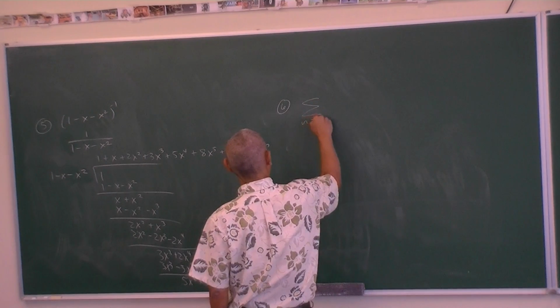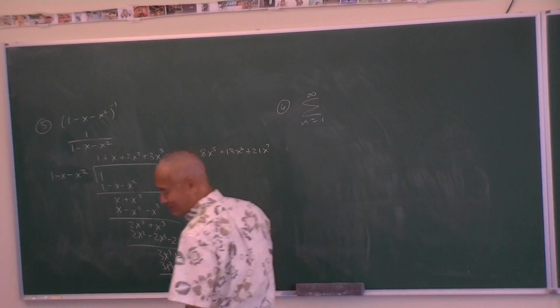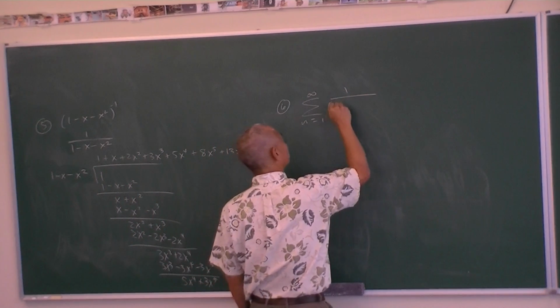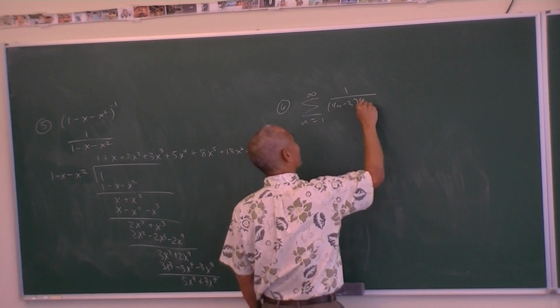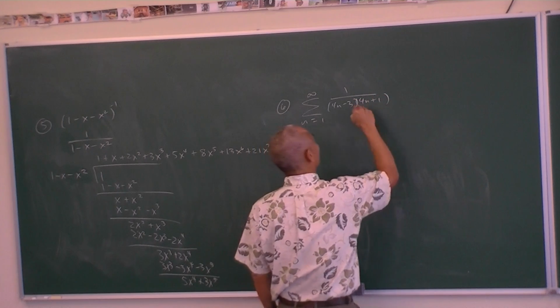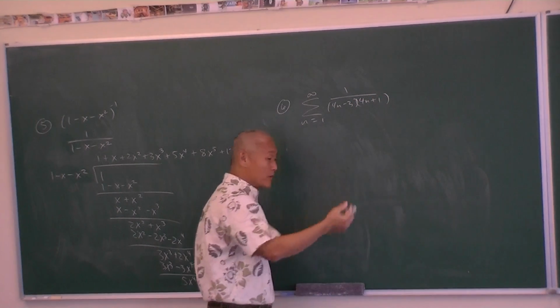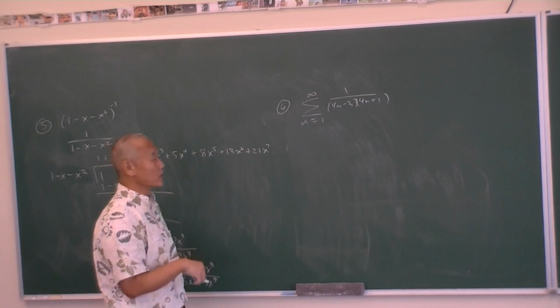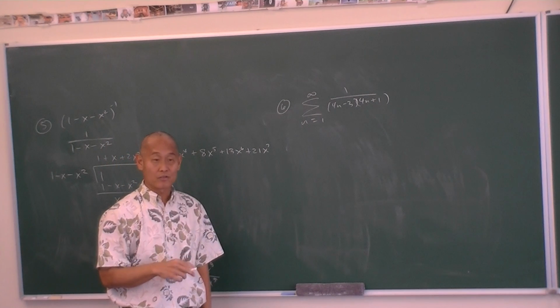Sigma, n equals 1 to infinity, what is it? 1 over 4n minus 3 times 4n plus 1, is that right? Yeah. Okay, now, we can do it by looking at the limit of the sequence of partial sums, but I want you to do it by decomposing it into partial fractions.